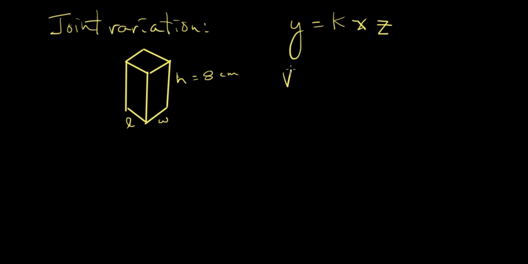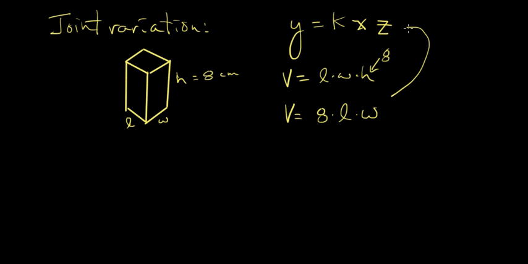Now, you may remember the volume is length times width times height. Well, in this case, since the height is fixed, it's not going to change, then the volume is 8 times length times width. Now, what we have here is this form. K is 8 in this case. Your length is x and your width is z.